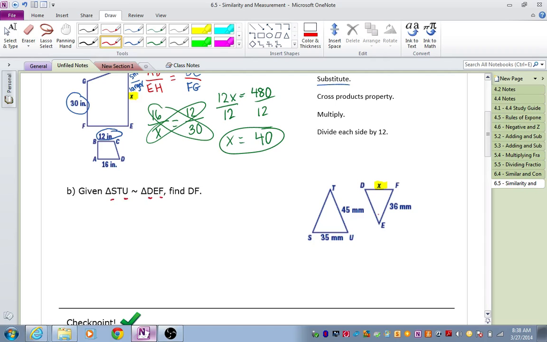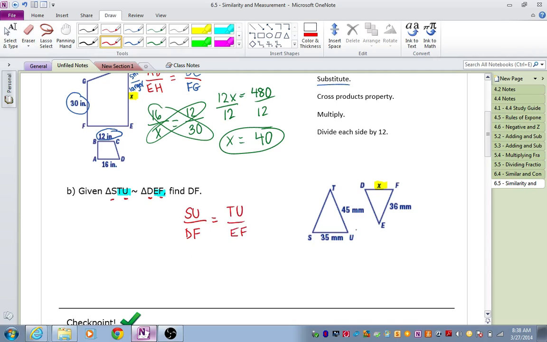Okay, so we'll say SU over DF. Okay, and the other sides that we're given is TU, and that should hopefully match up with EF, and it does. So we're going to say TU over EF.